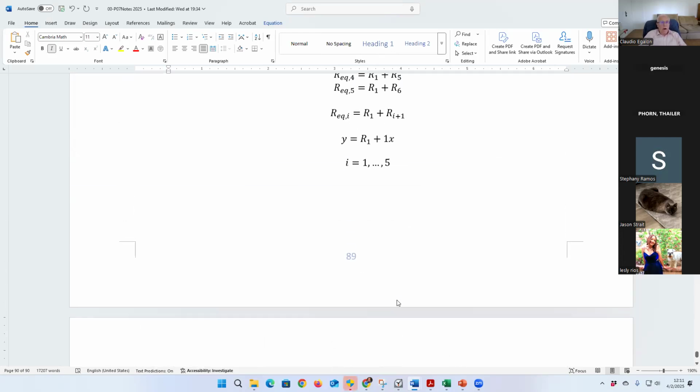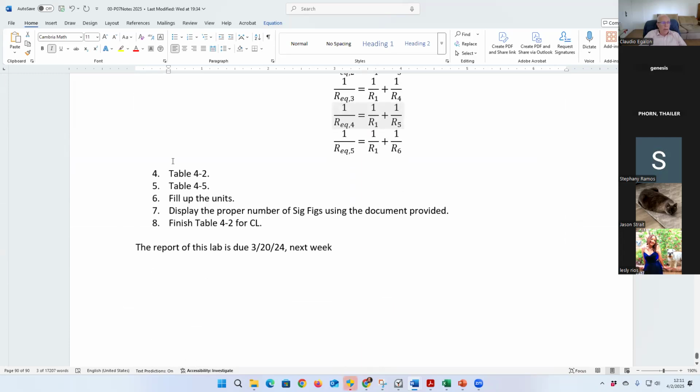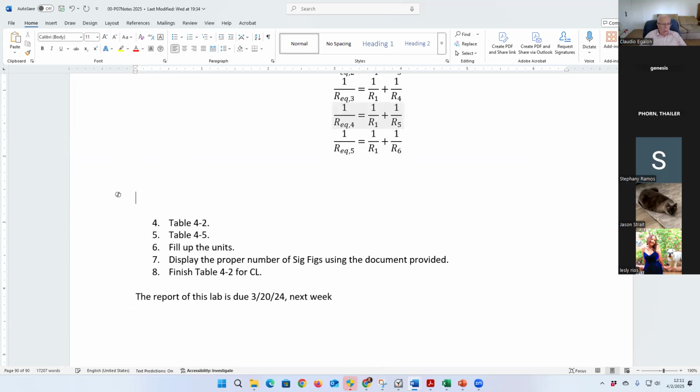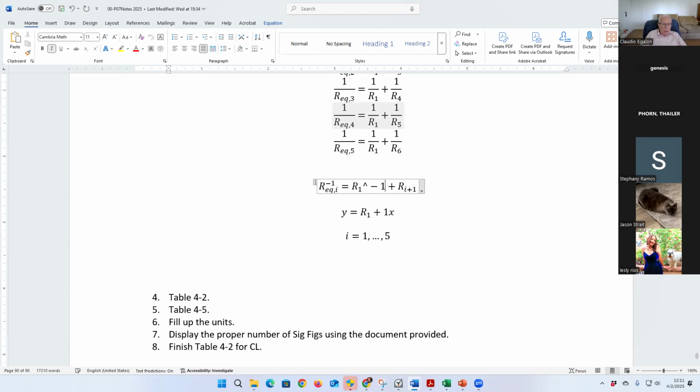And just like before, we can write that in a simpler way. The difference here is that we have to raise to the negative power of 1.